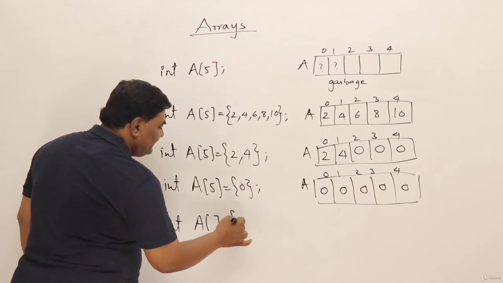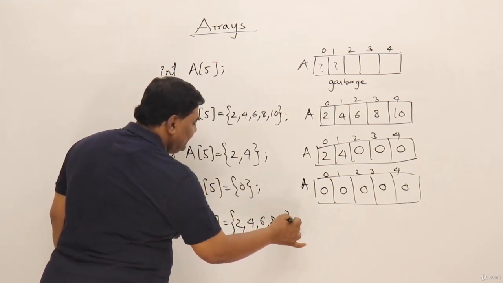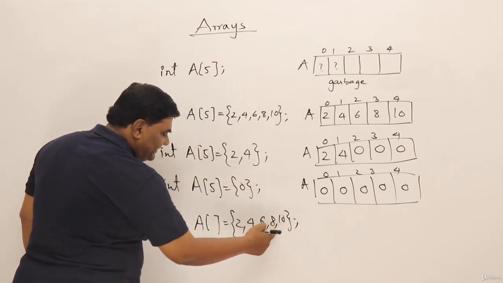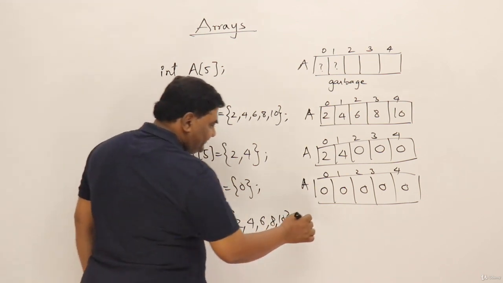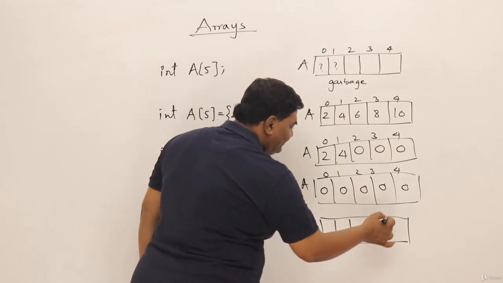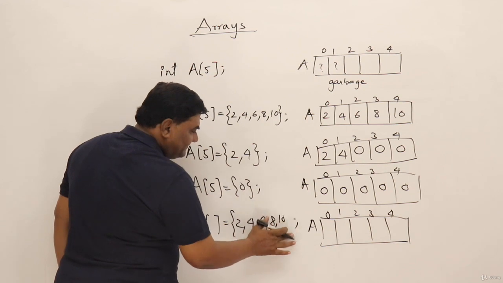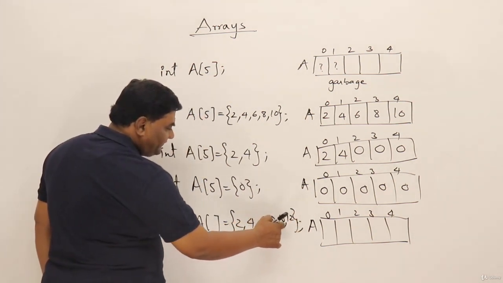Just you can mention the values 2, 4, 6, 8 and 10. Then depending on the number of elements you have mentioned in the initialization list, the array size will be the same as that one. So an array of this 5 size will be created and it will be initialized with all these elements. If I add one more element to this one, like let's say 12, then total size is 1, 2, 3, 4, 5, 6.